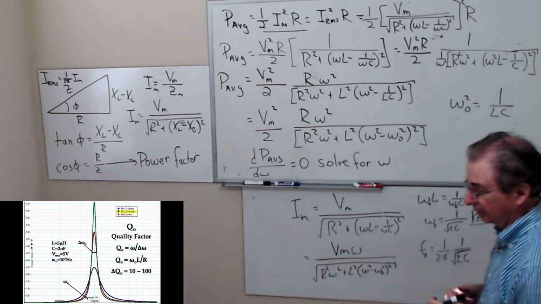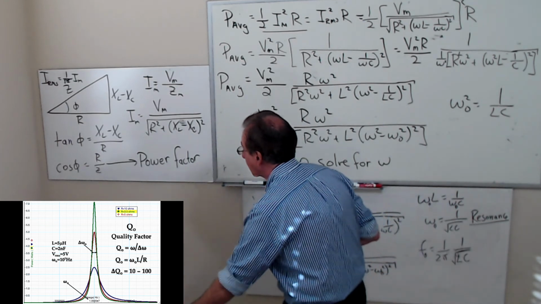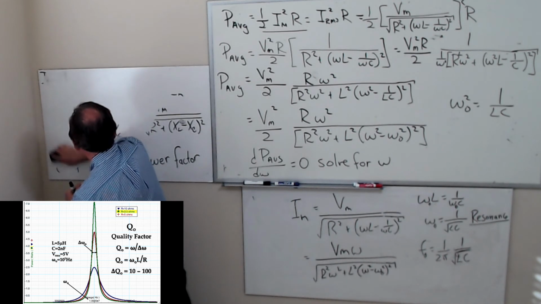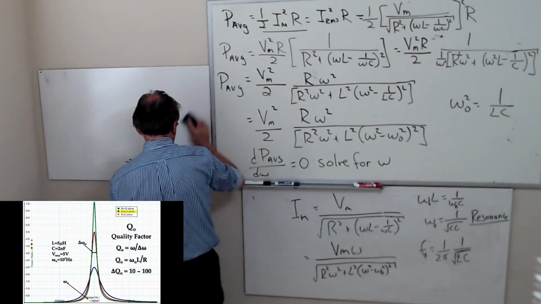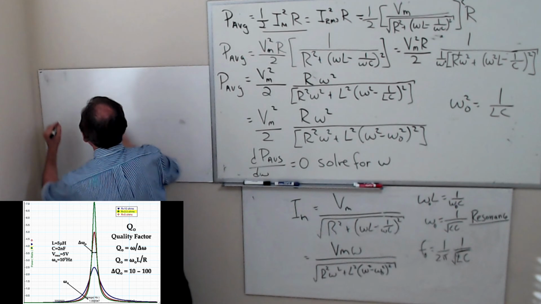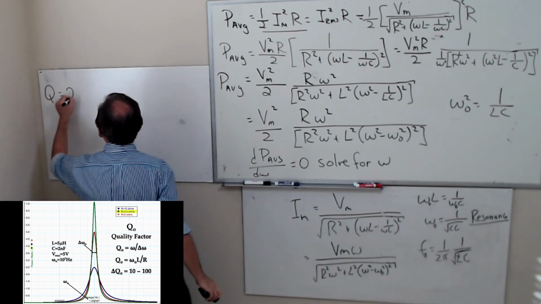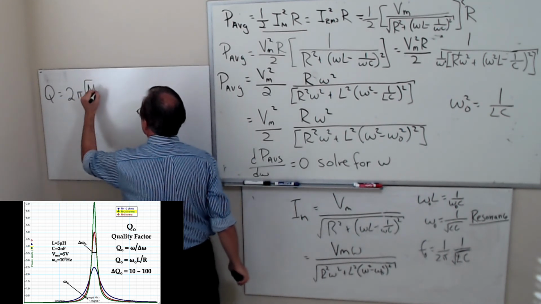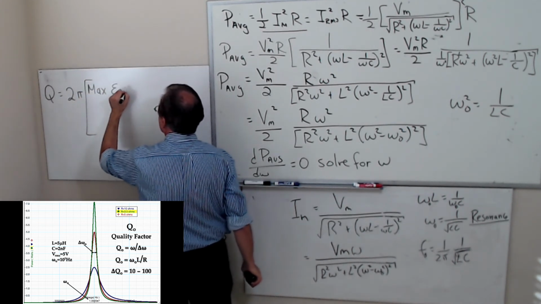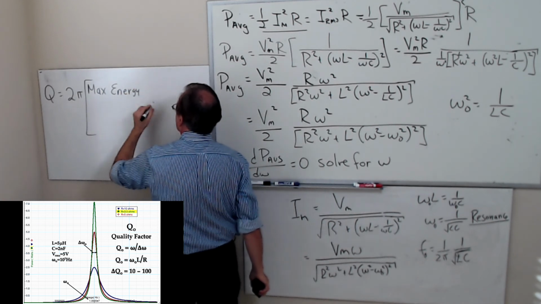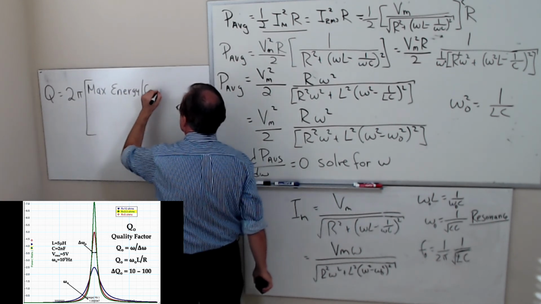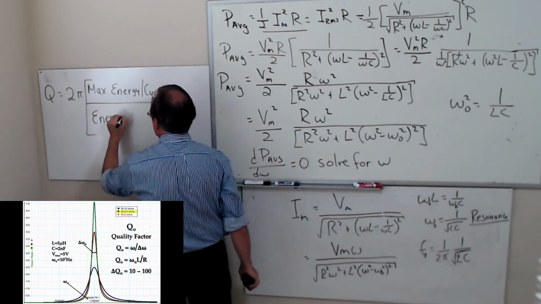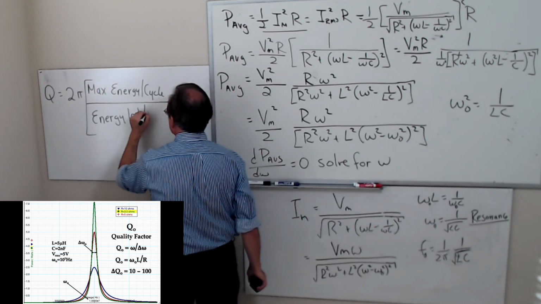Q is a defined quantity. Q is defined this way: Q is 2 pi times the maximum energy per cycle divided by the energy lost per cycle.